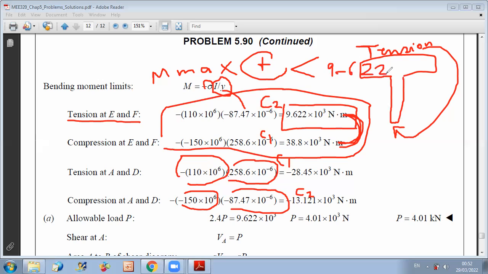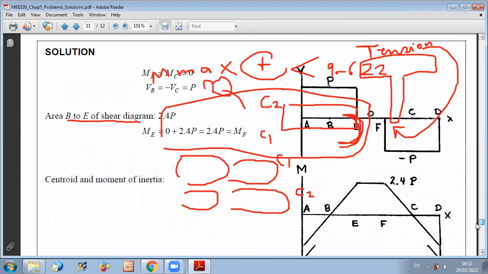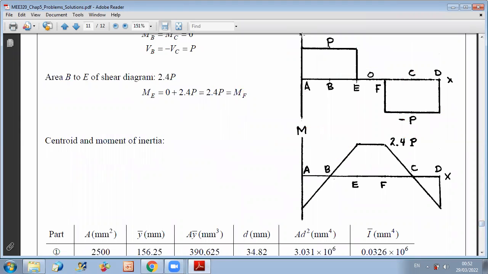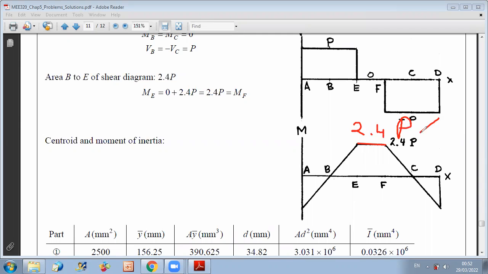9.622. And now since you expressed your maximum positive bending moment as a function of P, because if you go back to your shear and bending moment diagram, you can see that the maximum positive moment is equal to 2.4 P. And 2.4 P should be smaller than 9 point, the value we found.